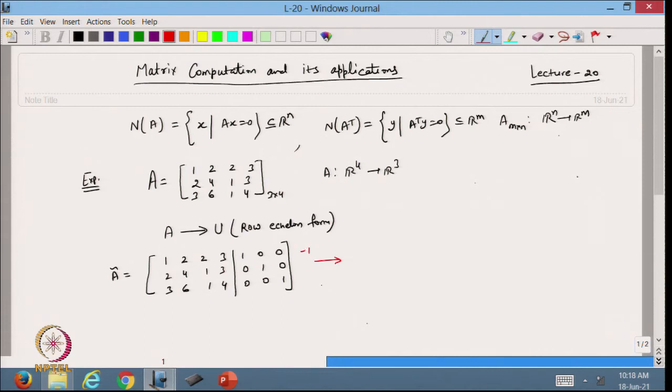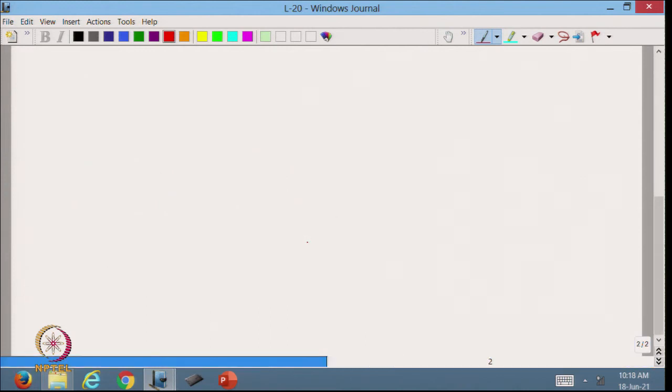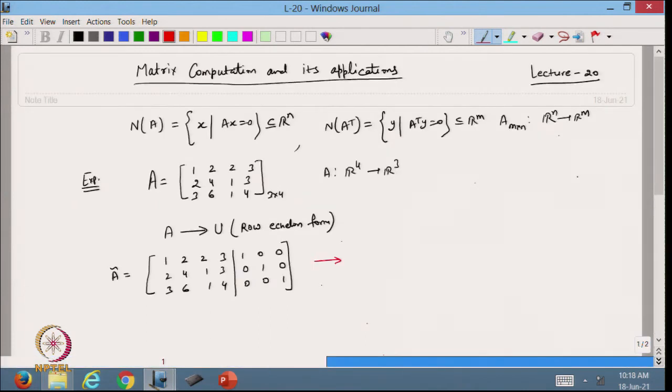So I am taking minus 2 R1 plus R2 and minus 3 R1 plus R3. From here I will get 1, 2, 2, 3, and 1, 0, 0.